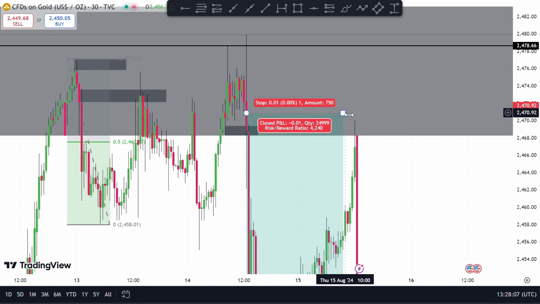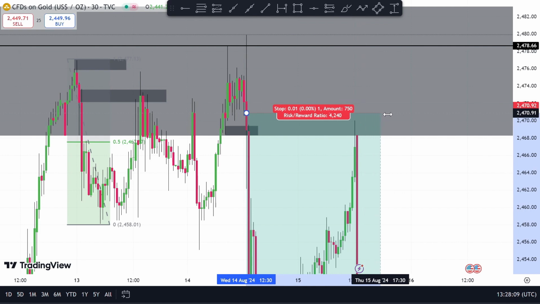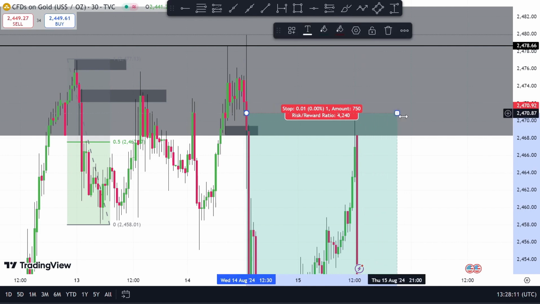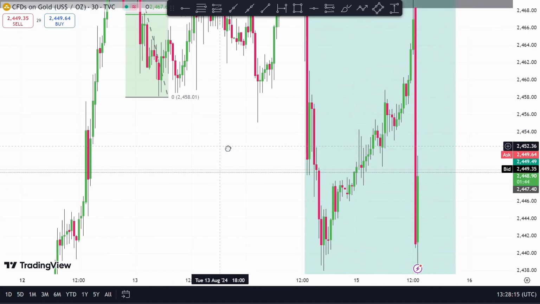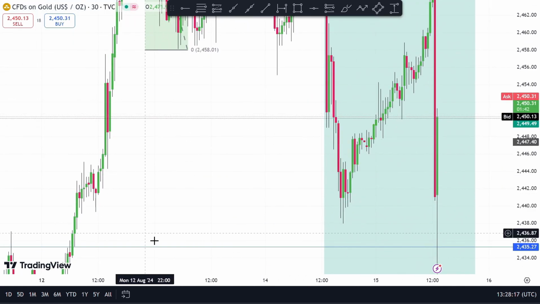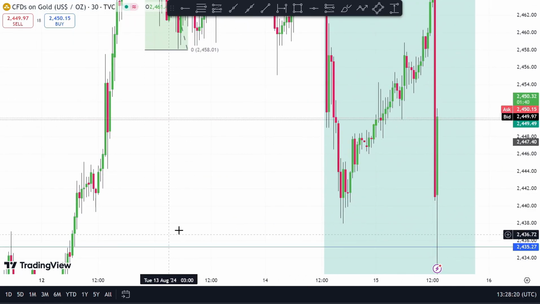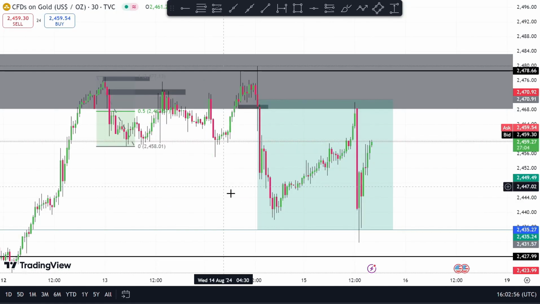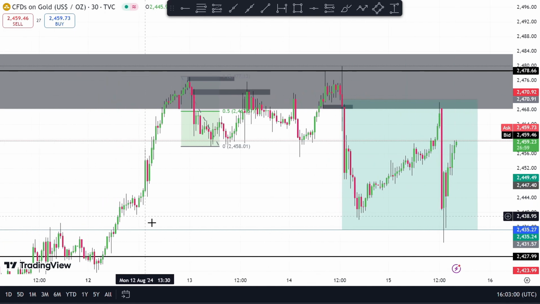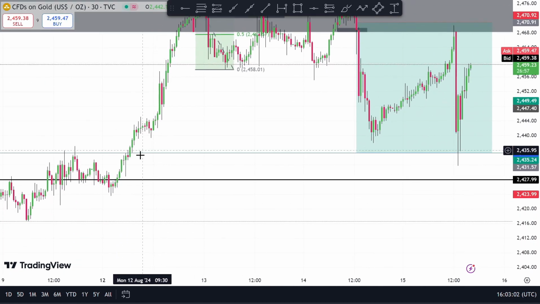All right, so by the way, this was a beautiful trade. As you can see, this was a beautiful trade, but I moved my take profit to this point at this supply zone here. Let me show you guys. I was considering this supply zone here.